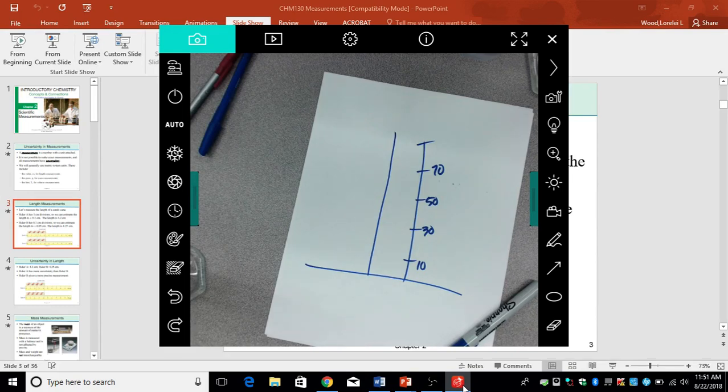We have to estimate to hundredths. The 50 mil graduated cylinder is precise to ones, and we have to estimate to tenths place. So if you have less than 10 mils, you want to use that one because that has the highest level of precision. But if you got more than 10 mils and less than 50, you're going to have to use this one. But you give up a little bit of your precision, right?